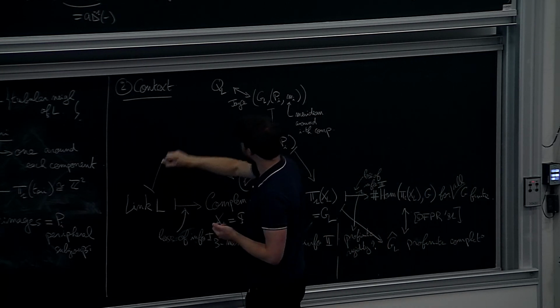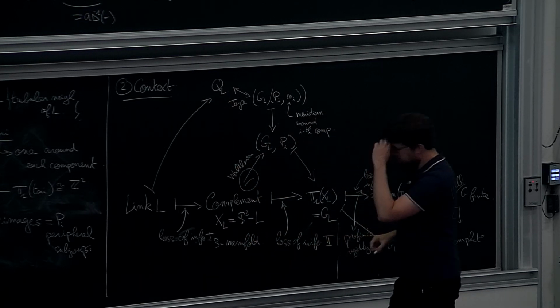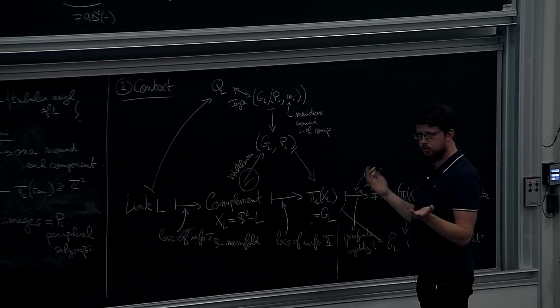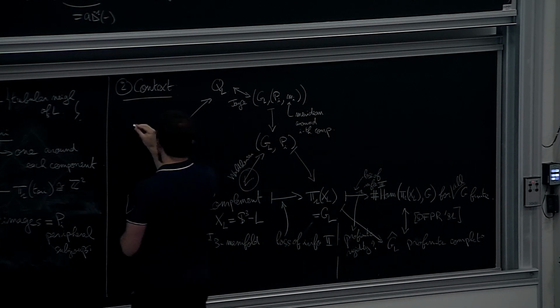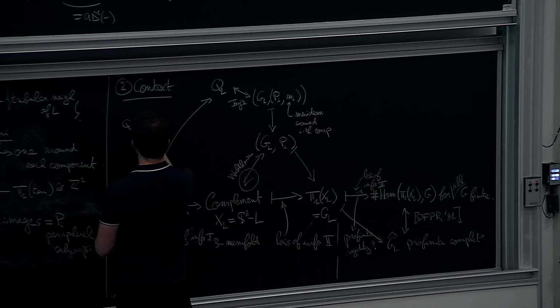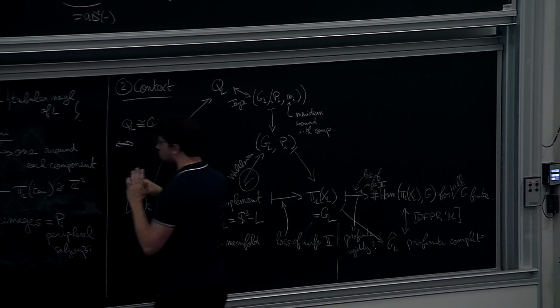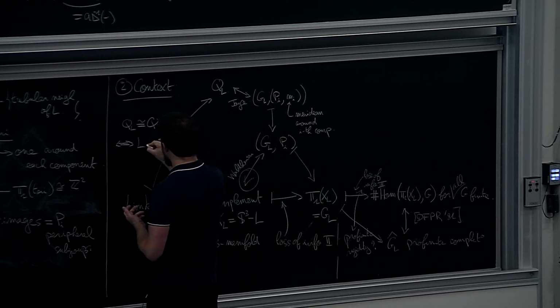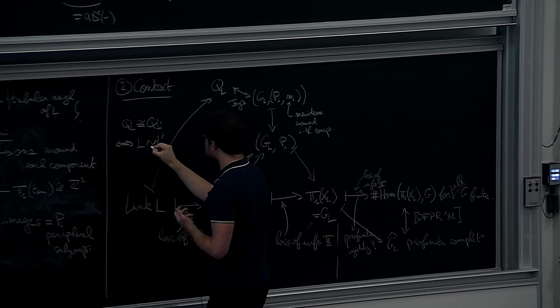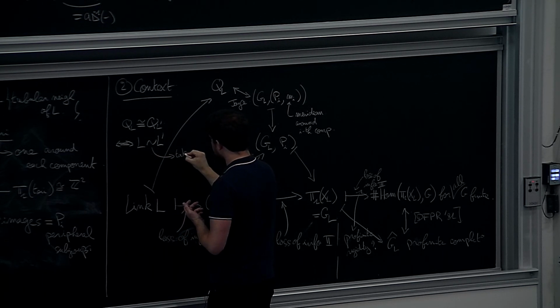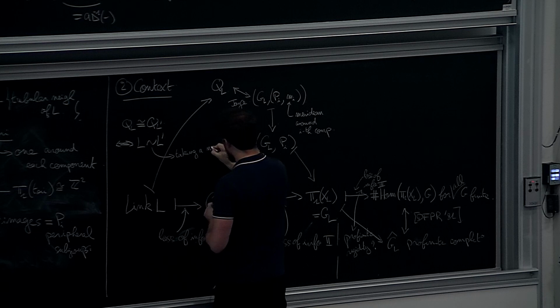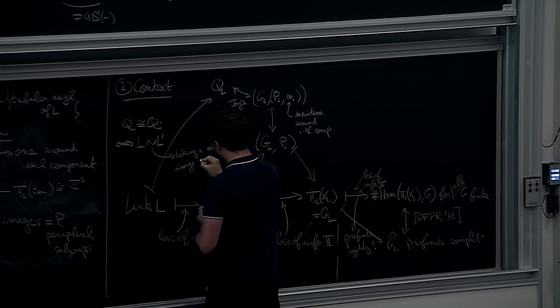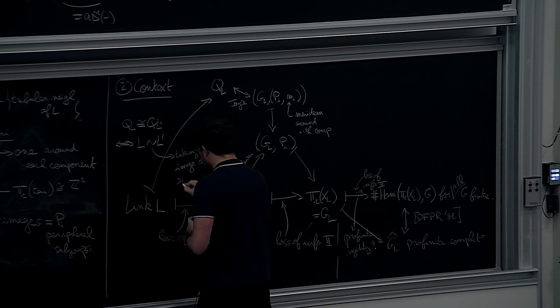And here, the loss of information can be controlled. That is, in fact, QL is isomorphic to QL prime. So for knots, I was saying up to mirror images. For links, it's a little bit complicated. It's up to taking a mirror image of a split component.